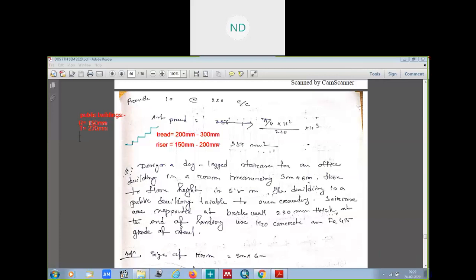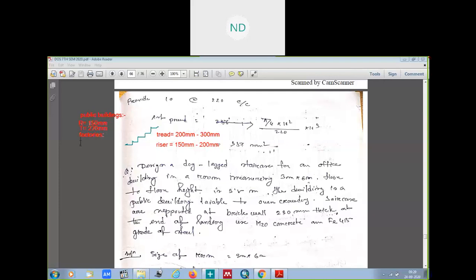This is for public buildings and also maybe for factories or godowns, business areas where heavy equipment is handled.